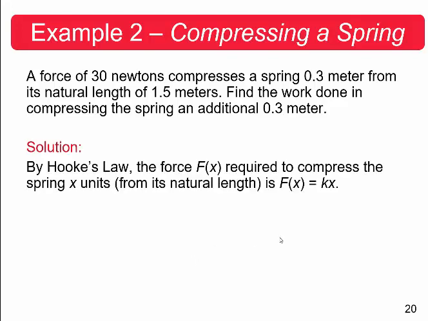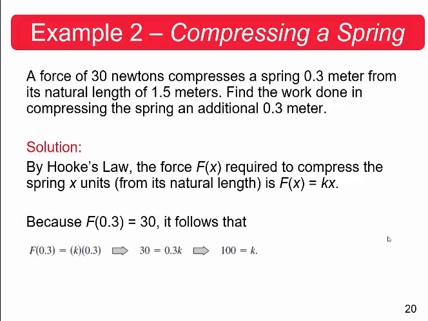By that law, the force f(x) required to compress the spring x units from its natural length is f(x) = kx. So what we need to do is find this k. We're saying a force of 30 newtons compresses a spring 0.3 meters. If I push it 0.3 meters, it requires 30 newtons.